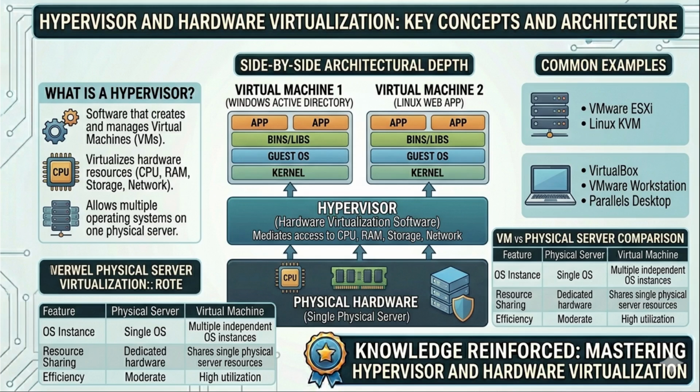Every virtual machine believes it has its own computer, even though it is sharing the same physical hardware with other virtual machines. Some common examples include VMware ESXi, Proxmox, and Linux KVM, which are commonly used in data centers, and VirtualBox or VMware Workstation, which are often used on laptops for testing and learning.